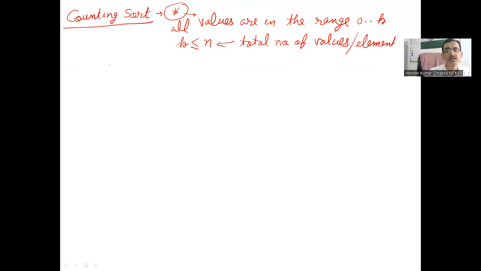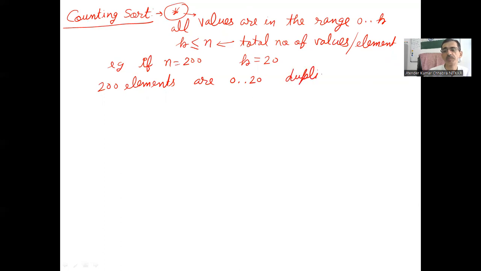For example, if n equals 200, k could be something less than 200. Let's say k equals 20. This means 200 elements, but all elements are in the range of 0 to 20.